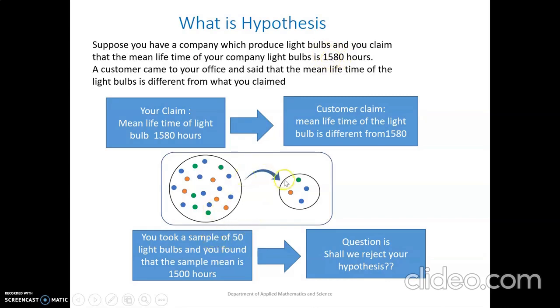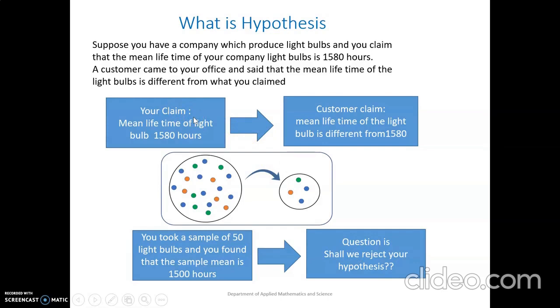And when you took a sample and found the average lifetime for the sample, then you're talking about X bar. So this is your X bar, and that is your mean for the population. Now, if you see, there is a difference, but we cannot decide based on this. So shall we reject your hypothesis or accept your hypothesis?